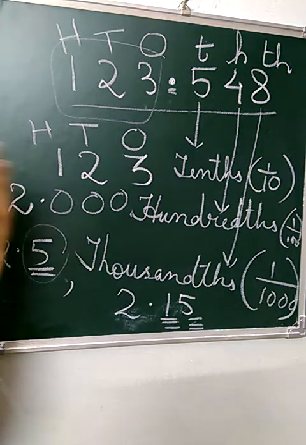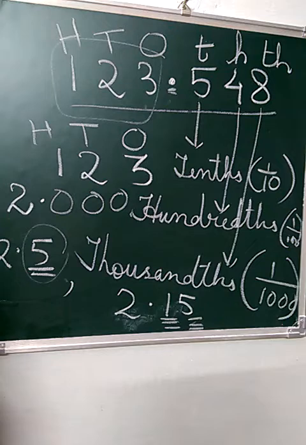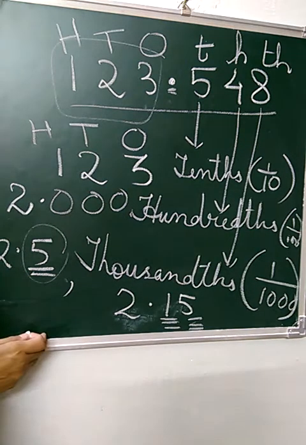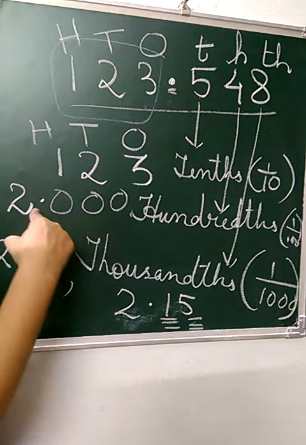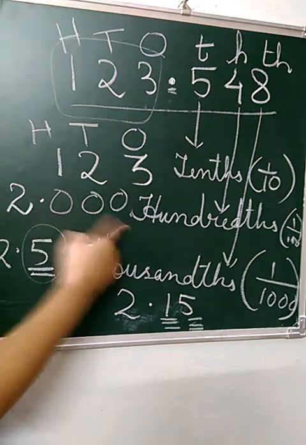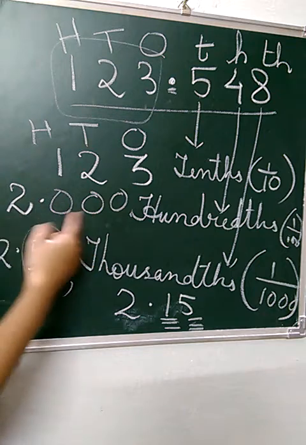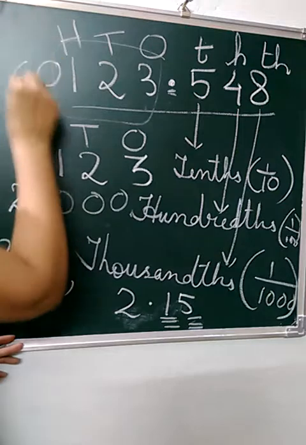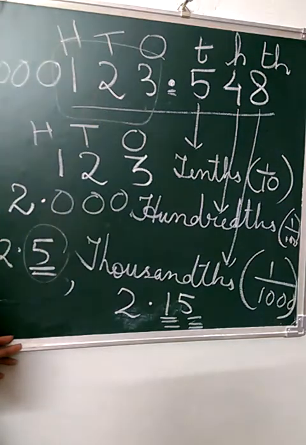Now, can unlike decimals be converted into like decimals? Yes. Unlike decimals can be converted into like decimals. As we have already studied, we can put any number of zeros after the decimal because it doesn't have a value. Like in a whole number, we can put any number of zeros in the beginning, it doesn't change its value.